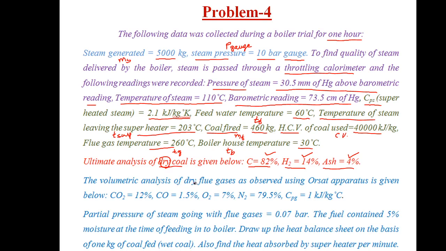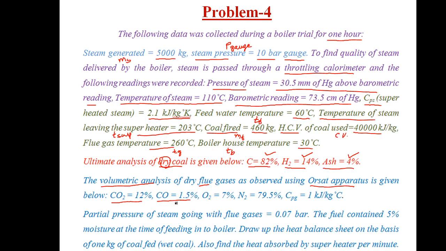Then the volumetric analysis of flue gases. The gases exhausted into the atmosphere are analyzed on a volumetric basis using the Orsat apparatus, as given below. Carbon dioxide is 12%, whereas carbon monoxide is 1.5% by volume.